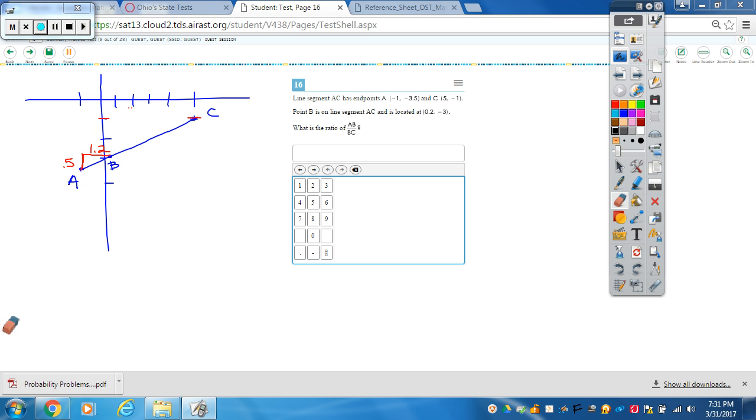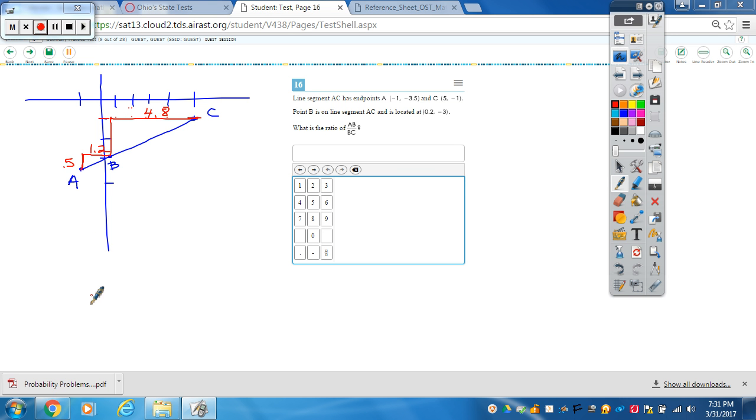So if I fill this out, going from B to C, up and then over, this length right here is going to be 4.8 units. So 1, 2, 3, 4, plus the 0.8, because remember this is at 0.2.